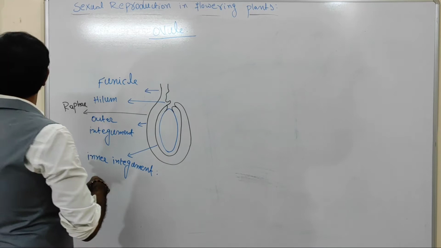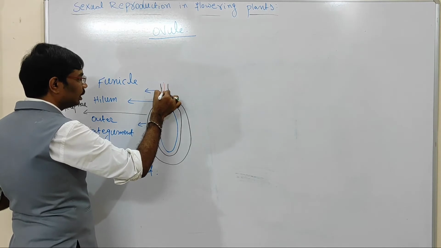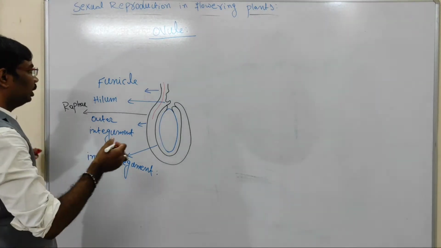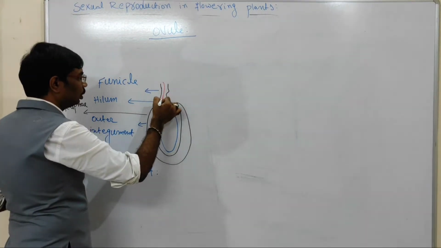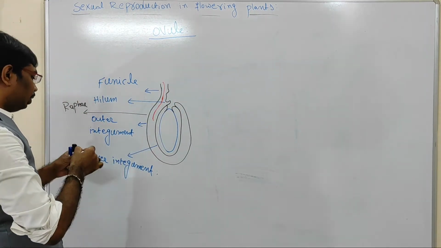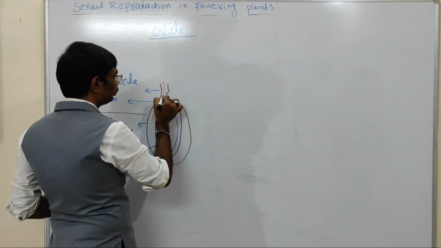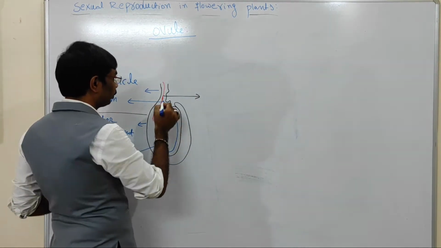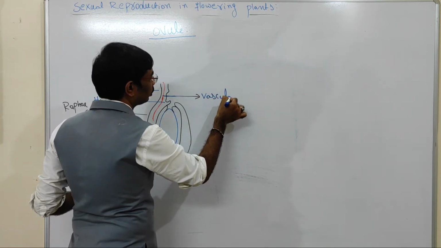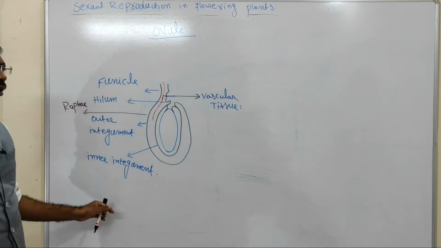Then one vascular tissue is present inside the funicle, that red line. Vascular tissue is present inside this area.